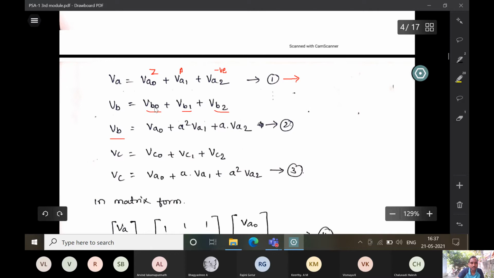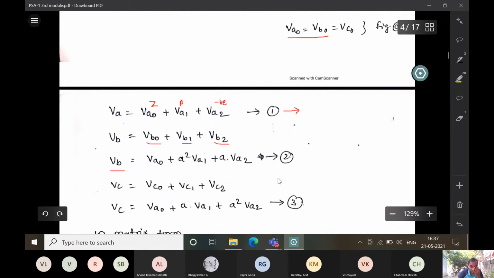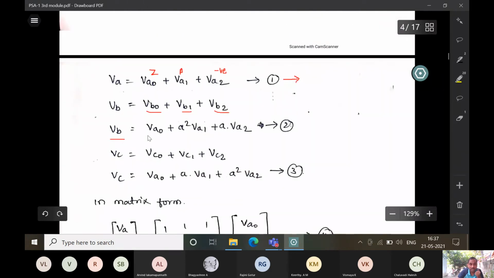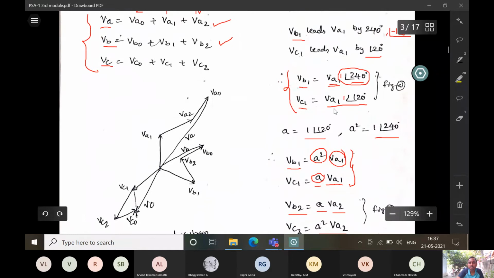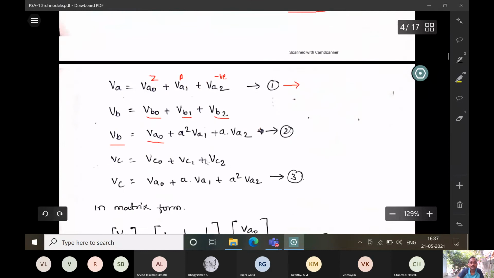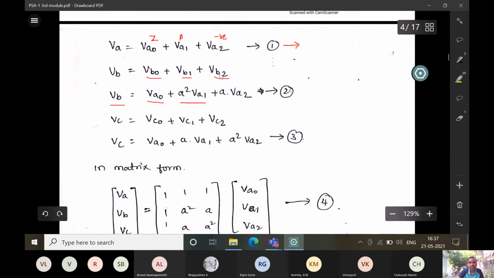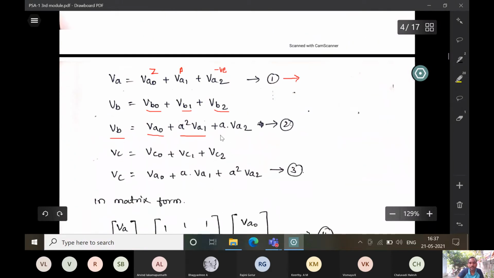VB naught is also equal to VA naught, so substitute VA naught here. All quantities I will write in terms of A. What is VB1 here? We have written VB1 is equal to A square into VA1. What is VB2? VB2 is equal to A into VA2. So this is equation number 2.